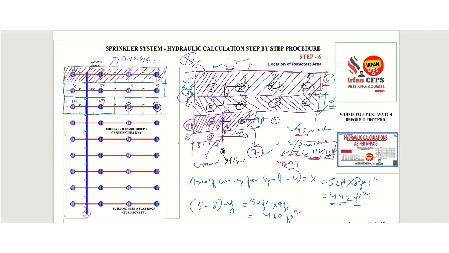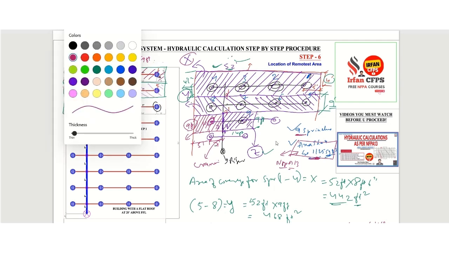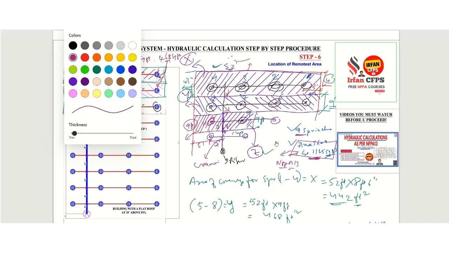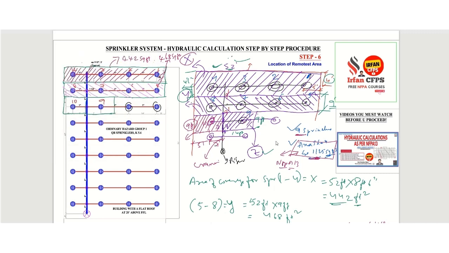That would be better. So this area also we consider. Hatching I'm just drawing for our understanding purpose. This area is 468 square feet.